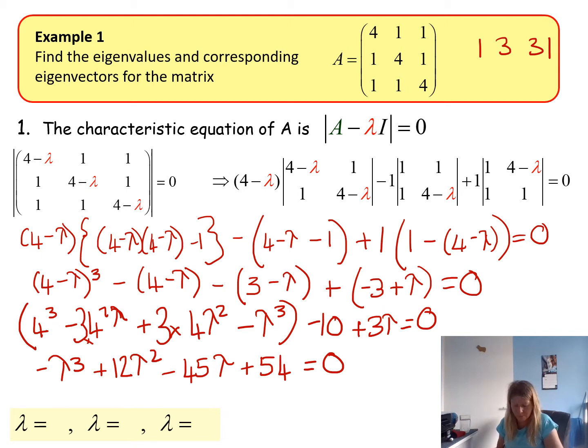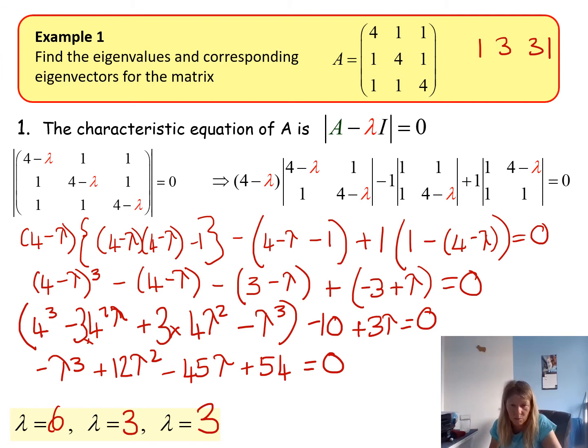Polynomial, degree 3, and put them in minus 1, 12, minus 45, and pray it gives whole numbers. Solve it, and it says we've got lambda is 6 and lambda is 3 twice. There we are.